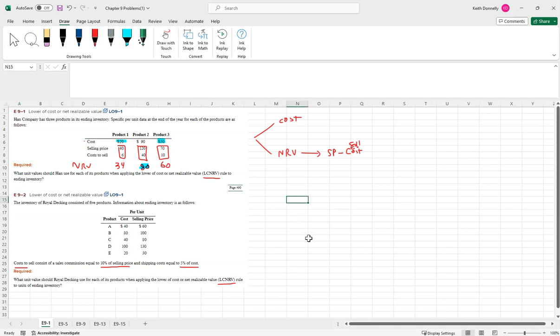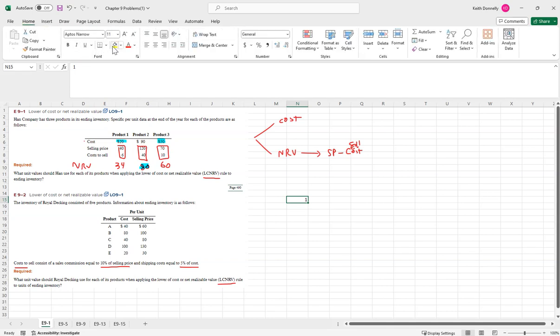So let's start here with trying to figure out the selling expenses. I'm just going to put this as a 1, step 1. One of our expenses is referencing 10% of the sales price.